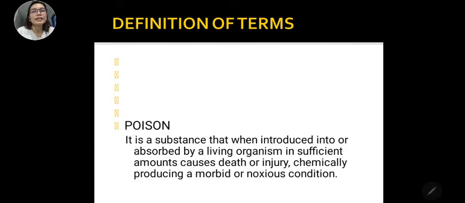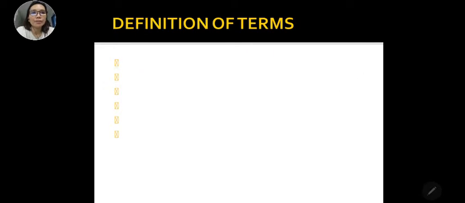Poison. This is a substance that when introduced into or absorbed by a living organism in sufficient amounts causes death or injury, chemically producing a morbid or noxious condition. So yan yung definition ng poison.